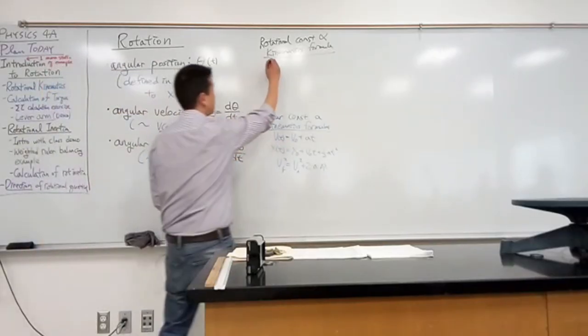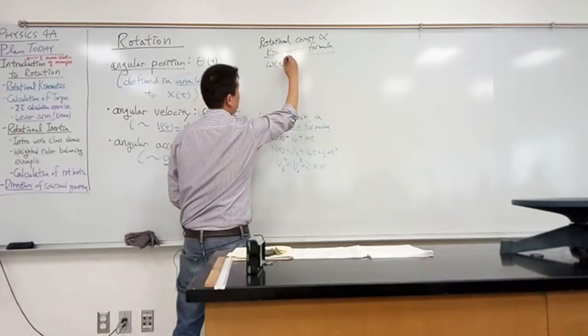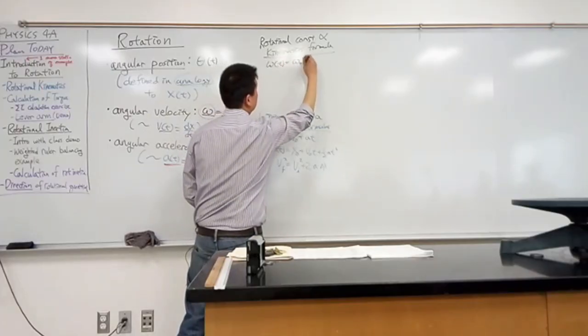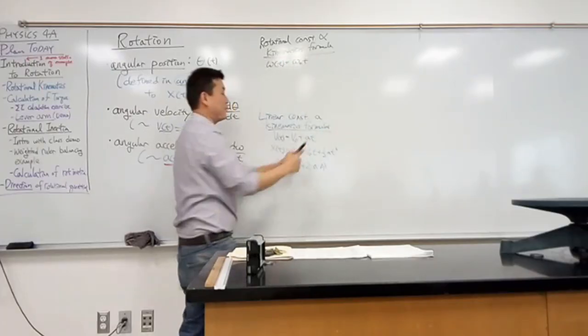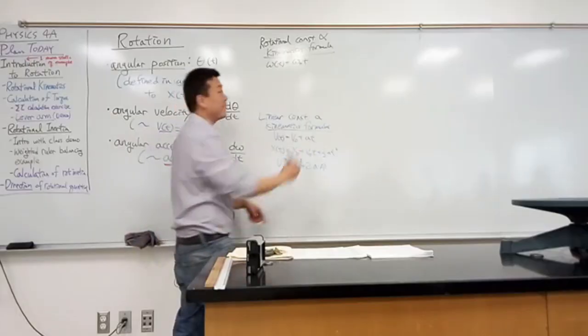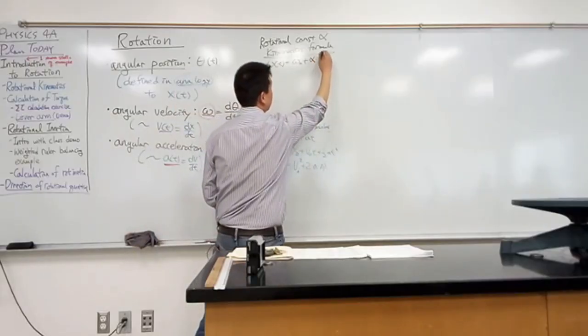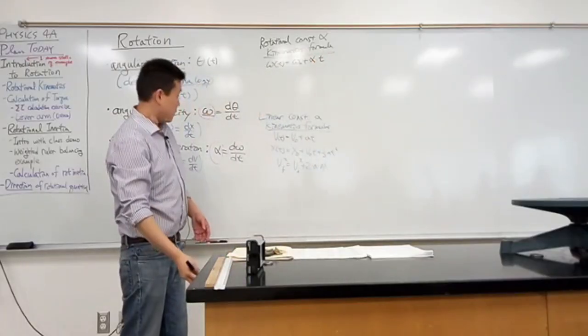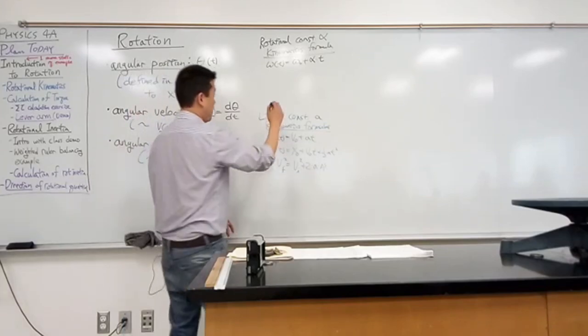So angular velocity as a function of time is equal to some initial angular velocity plus, I have to replace a with the angular acceleration, angular acceleration times time. Time is the same for both of them. And the same thing for position.